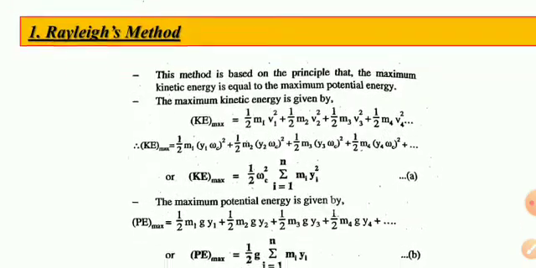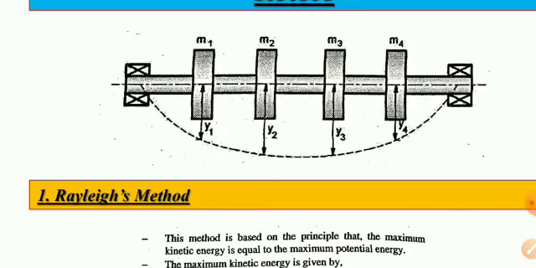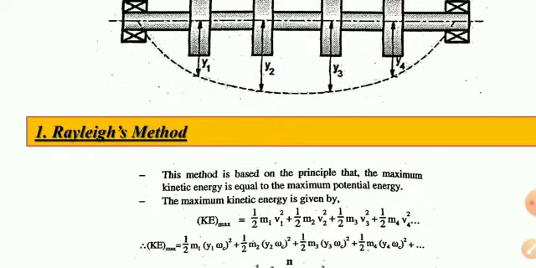for the maximum potential energy, we know that the potential energy is 1 by 2 mgh. Instead of h there is the deflection y of the shaft. Here the height will be equal to y1.